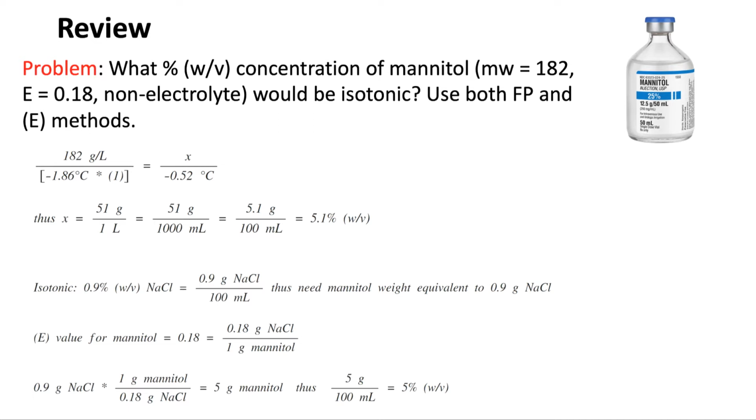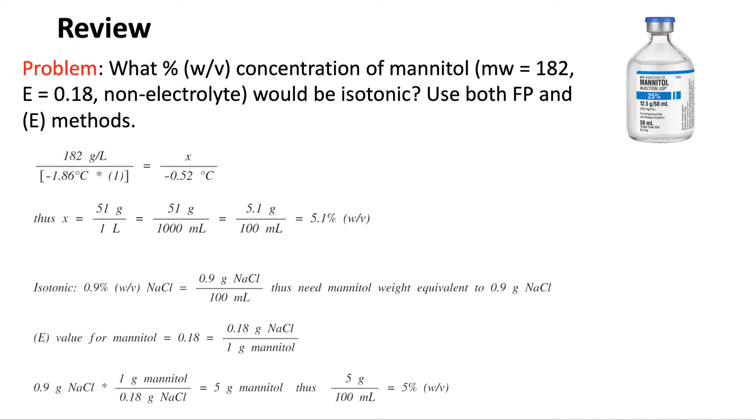So we go down to the bottom line, you can see. Let's take our target for sodium chloride, which we said was 0.9 grams for every 100 mils. Multiply that by the E value expressed as 1 gram of mannitol on top over the 0.18 grams of sodium chloride, so that the units of grams of sodium chloride cancel. When we do that math, we take 0.9 times 1 divided by 0.18.